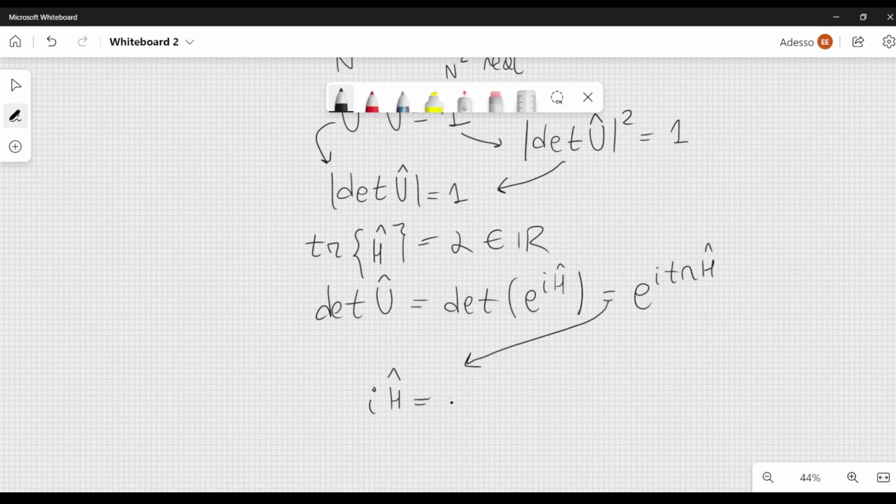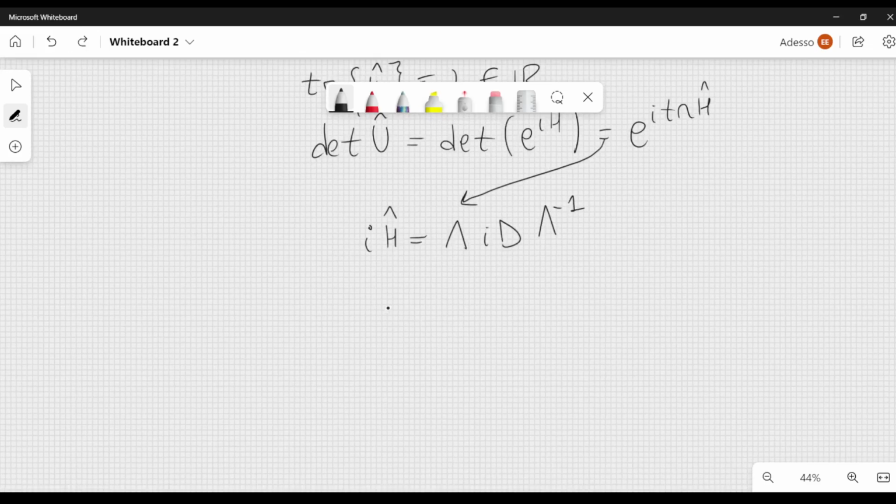I'm going to rewrite it as lambda iD lambda inverse, where D is a diagonal matrix.